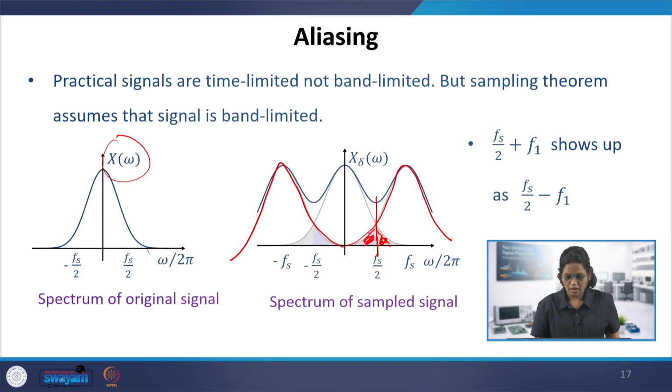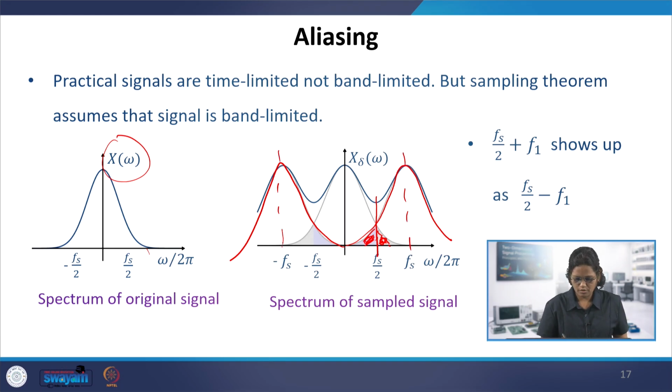That's called aliasing. This is the sampled sequence spectrum X delta of omega. Not following the sampling theorem is one thing which causes aliasing, but this case is due to not band limiting. The sequence is not band limited, so it goes from minus infinity to plus infinity, and similarly this spectrum with respect to fs goes from minus infinity to plus infinity.